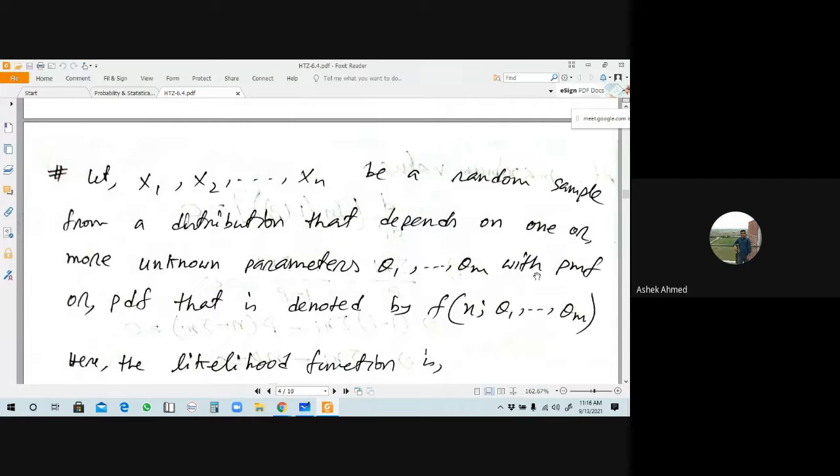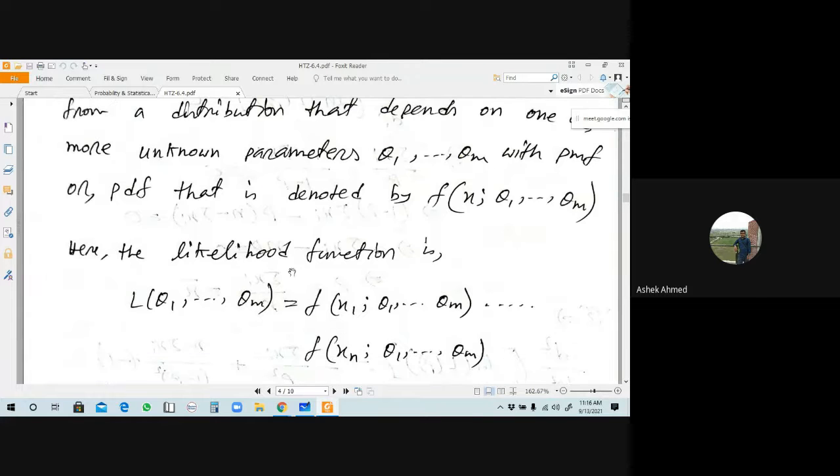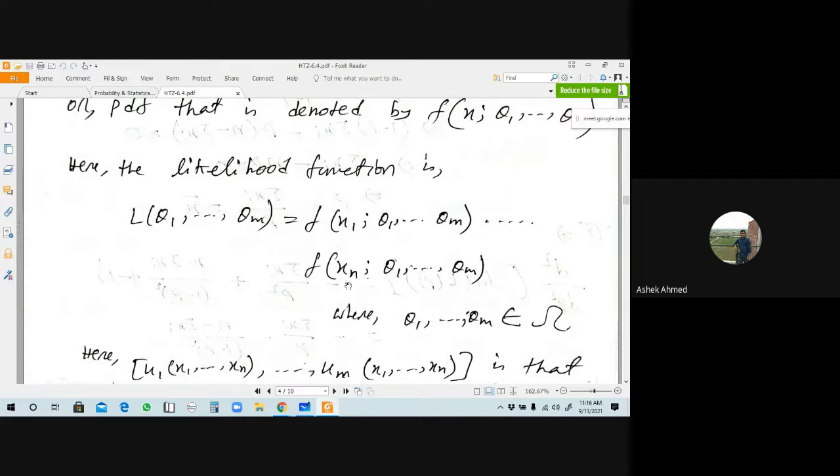Okay, so with PMF or PDF, that is denoted by f of x semicolon theta 1 comma theta 2 up to theta m, and the maximum likelihood function will be হবে কি, L of theta 1 comma up to theta m, that will be f of x1 semicolon theta 1 comma up to theta m into the f of xn semicolon theta 1 comma up to theta m.